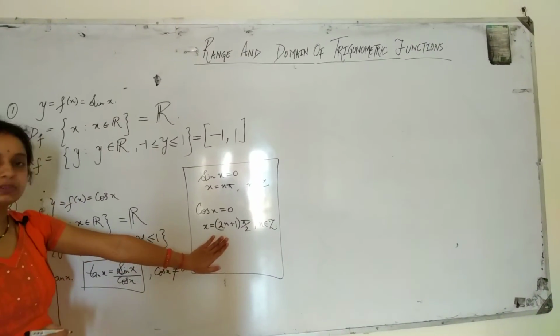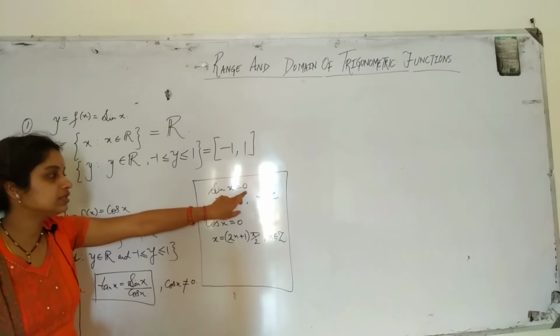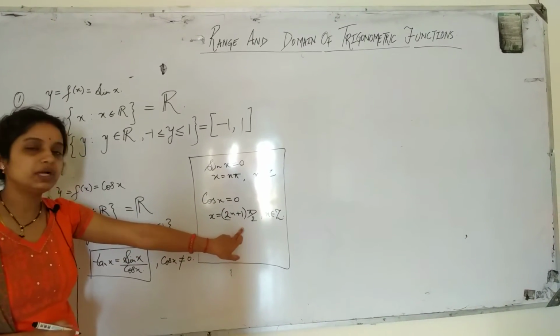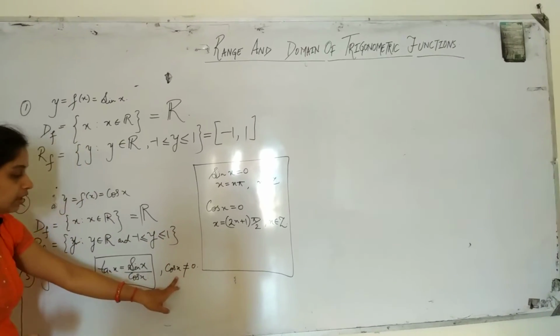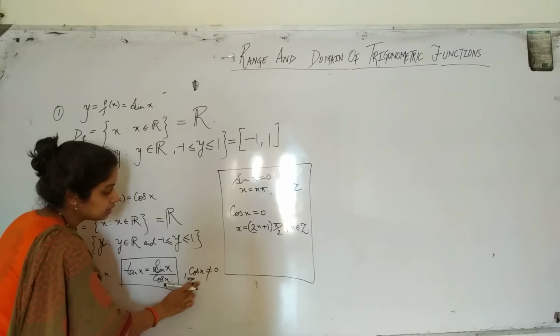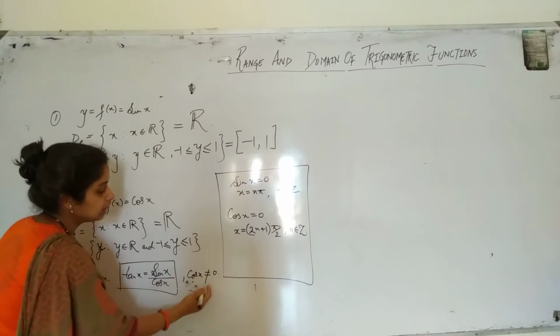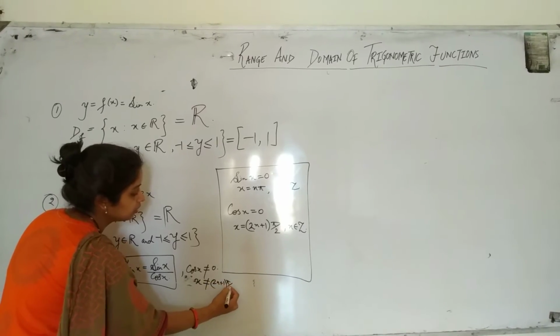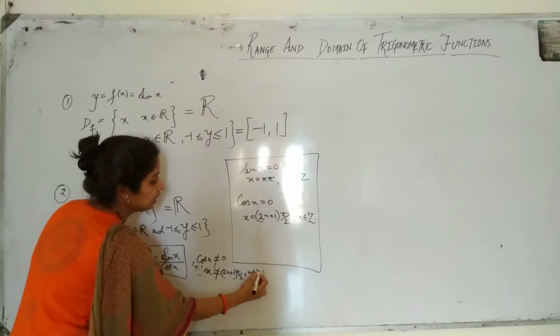So this I have explained previously. Sin x is 0 when x is n pi, cos x is 0 when x is an odd multiple of pi by 2. So here I am going to write cos x is not equal to 0. Using this, x can never be (2n+1) pi by 2, where n is an integer.